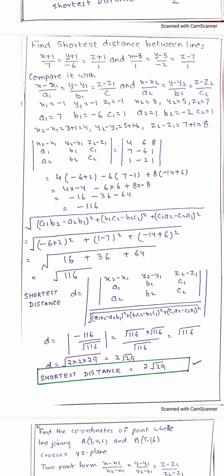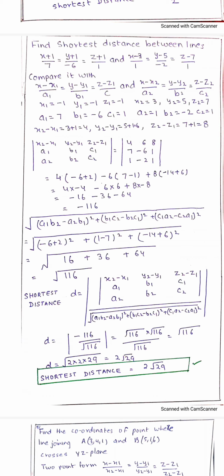After solving the determinant, we get the solution as -116. Under root (a1 b2 - a2 b1) whole square plus (b1 c2 - b2 c1) whole square plus (c1 a2 - c2 a1) whole square is (-6 + 2) whole square, (1 - 7) whole square, (-14 + 6) whole square. It is also coming under root 116.